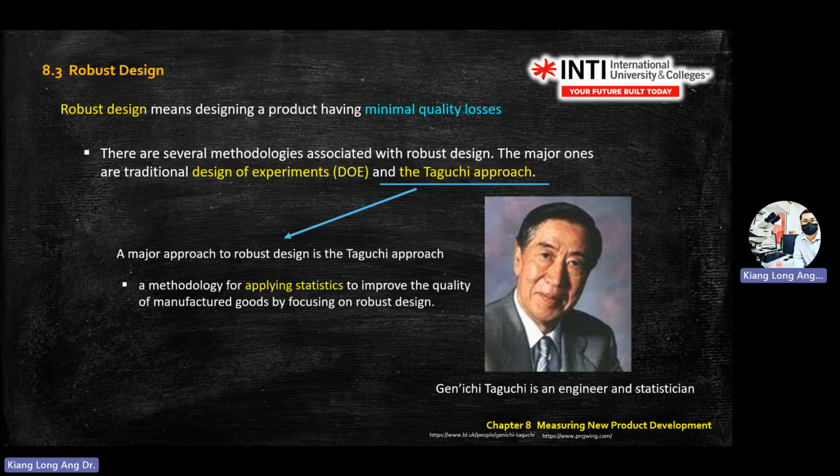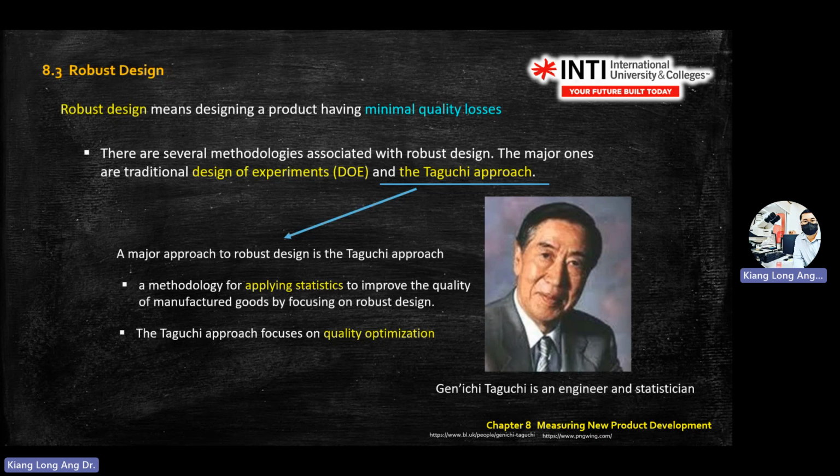Right. Again, I need to highlight what is the Taguchi approach. Taguchi is a famous approach, especially again, when you are dealing with Japanese companies. They like to use the Taguchi approach, where they use statistics to analyze whether the process is good or not good.